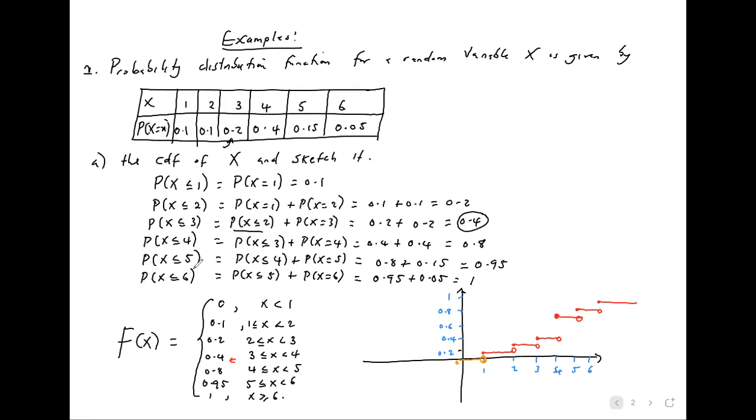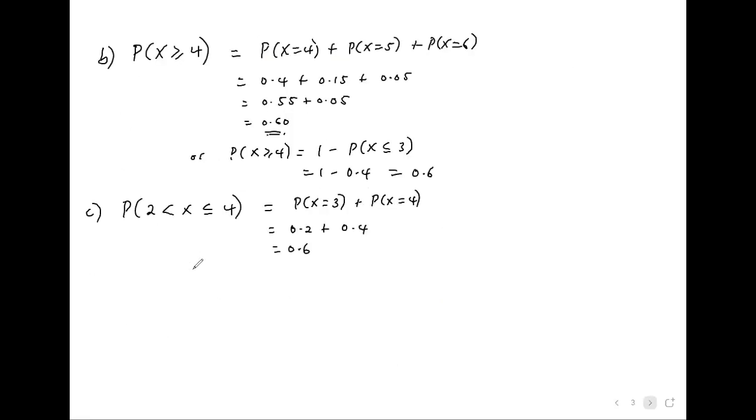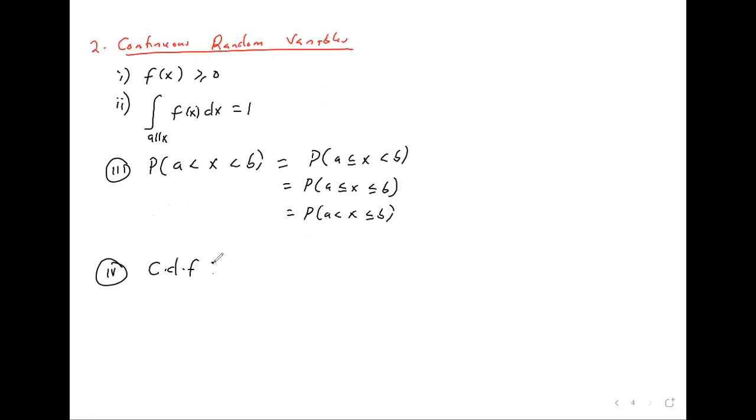For 4, 1 plus 2 plus 3 plus 4 probabilities. So we do the same even for continuous when getting the CDF, though here you're going to integrate. So to get this, you're going to be integrating from negative infinity to x, and then you will change your variable for the sake of easy integration.